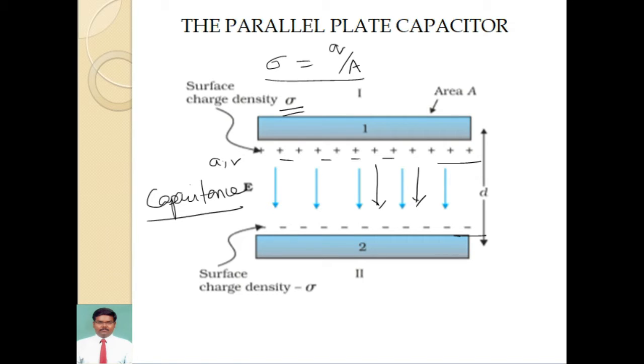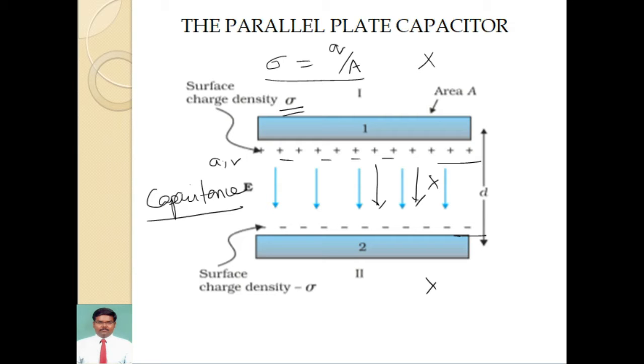Now I am going to write the equations for the electric field due to one of the sheets, and what happens to the electric field because of keeping these two sheets parallel. I am going to split it into three regions: outside the plates and inside the plates.